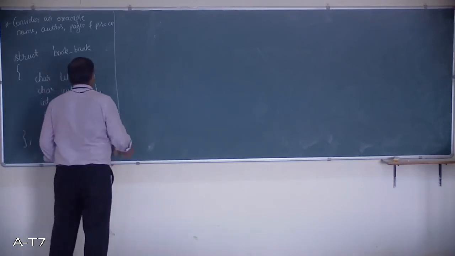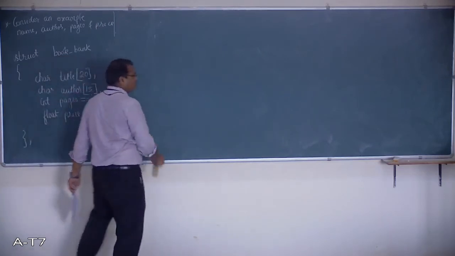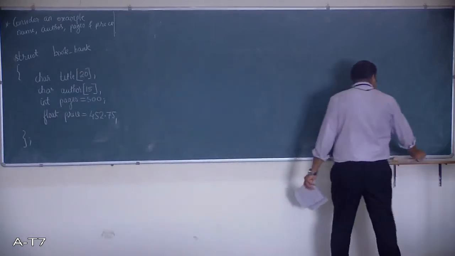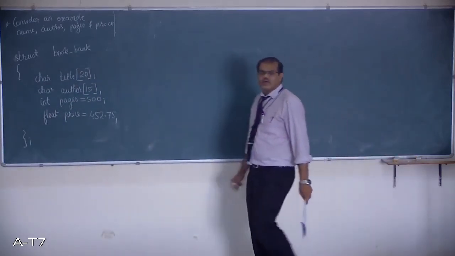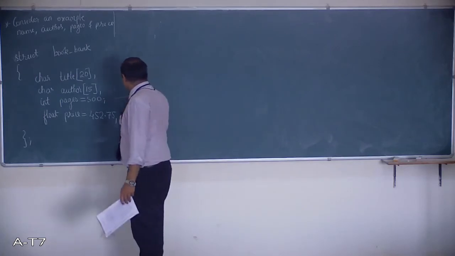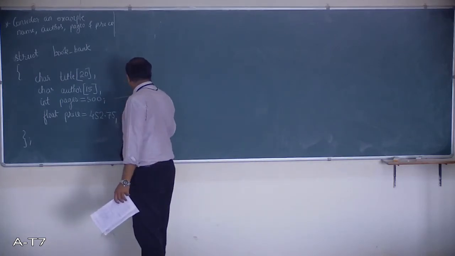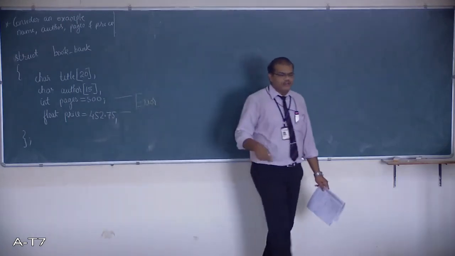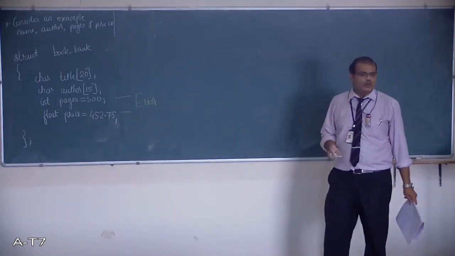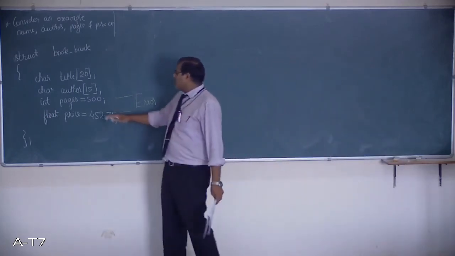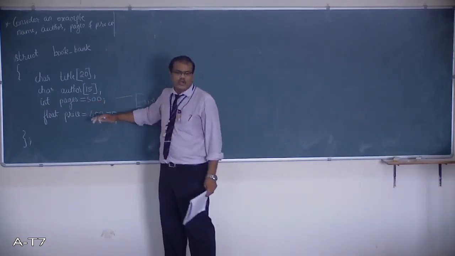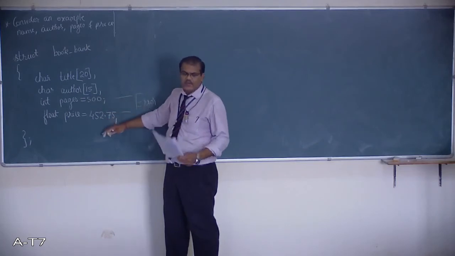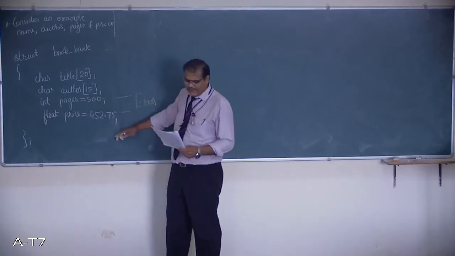If we use this method to initialize some value to my structure, it gives me an error. Both these statements will give me an error. Why? Because every member of book 1, book 2 or book 3 has to be assigned like this. So I cannot do this. This is a compiler error.